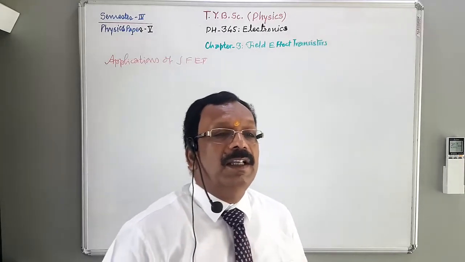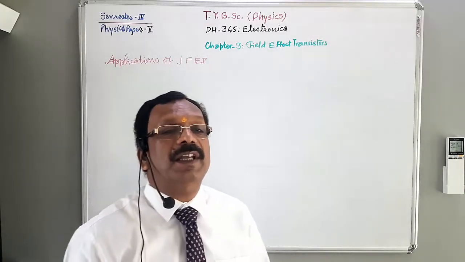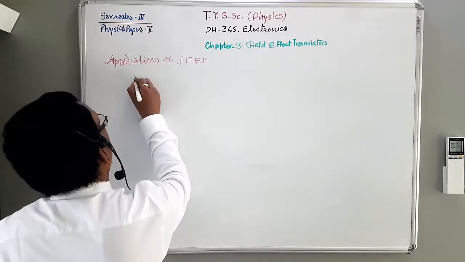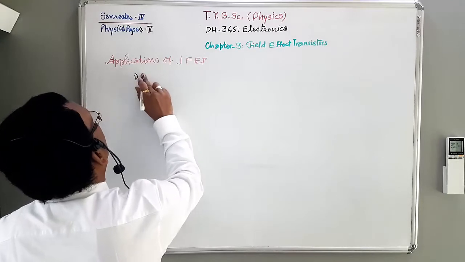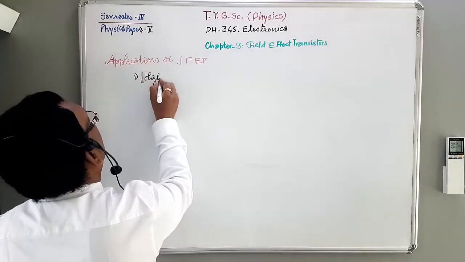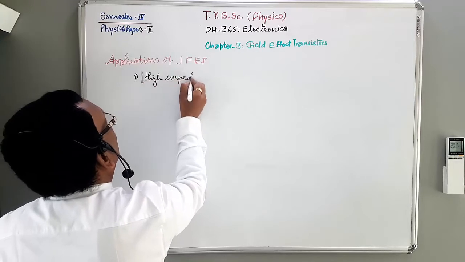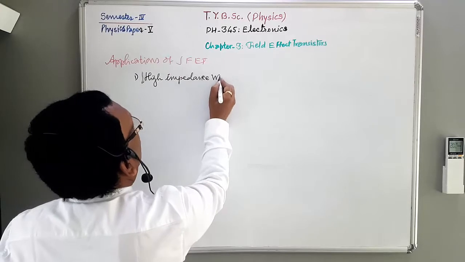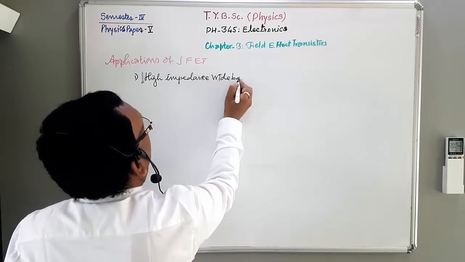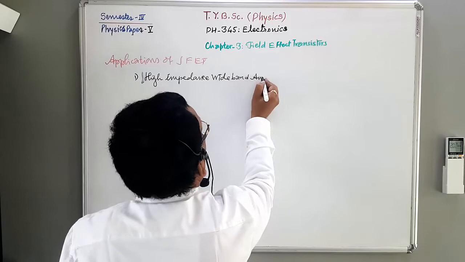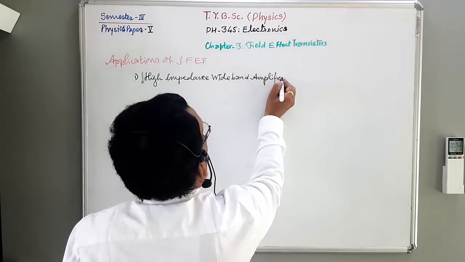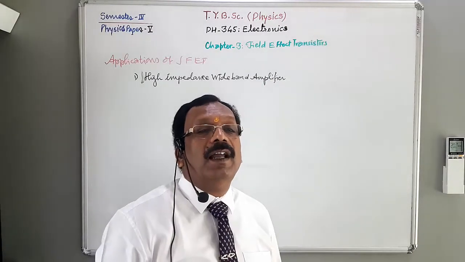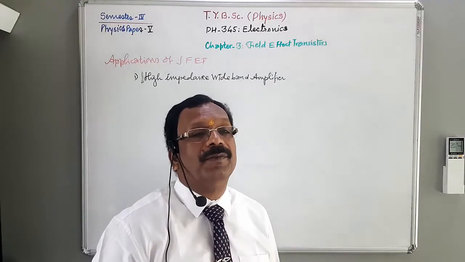JFET is used as a high impedance wideband amplifier. This is a very important application of JFET. JFET is used as a high impedance wideband amplifier.